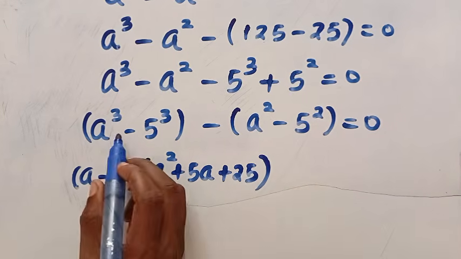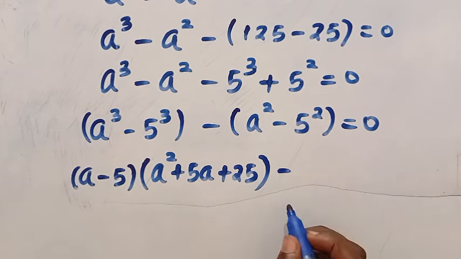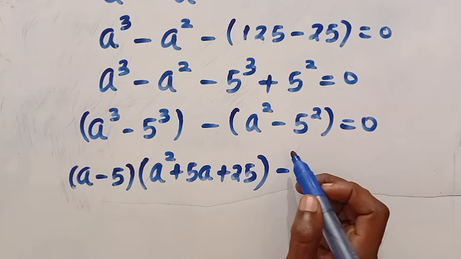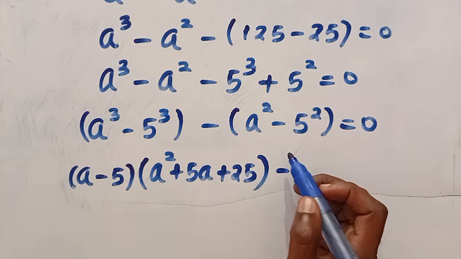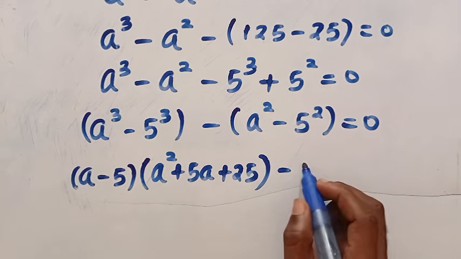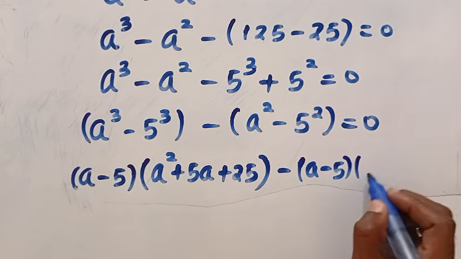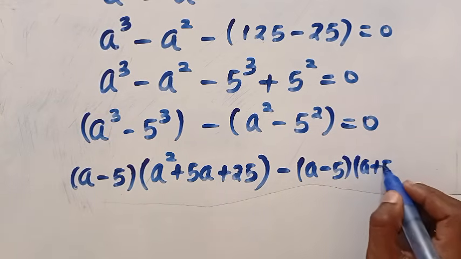So this is what we have for this side only. Then minus, for this side is difference of 2 squares, A squared minus 5 squared, that is A minus 5 multiplied by A plus 5. So by writing that, we have A minus 5 multiplied by A plus 5 equals 0.